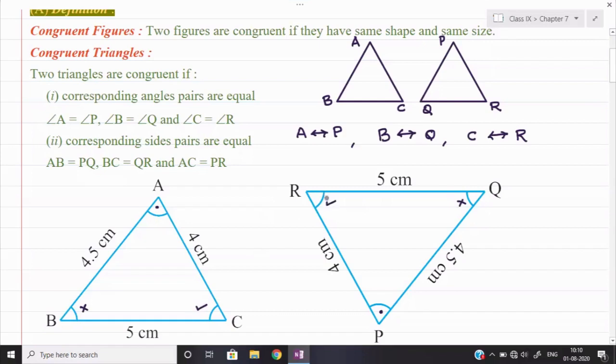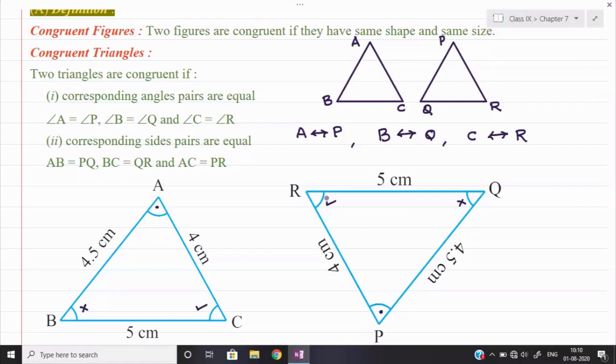Okay. So observe angle A and angle P, we can say they are corresponding to each other. If I rotate this triangle PQR by 180 degrees, clockwise or anti-clockwise, then you see P will come at the top and angle A and angle P will definitely be corresponding to each other. Similarly, angle B and angle Q, angle C and angle R will also be corresponding to each other.